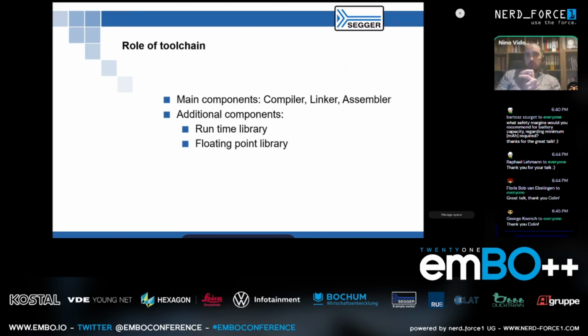So all in all, the toolchain's task is usually to create the smallest and/or fastest code possible with whatever you throw at it. But usually in this context, even if you look at other commercial toolchains, they do not focus that much on the library part, which I think gives away a lot of performance, which we will be seeing later in my talk. And if you look, for example, at GCC and Newlib, they're usually pretty good, so you can work with them.